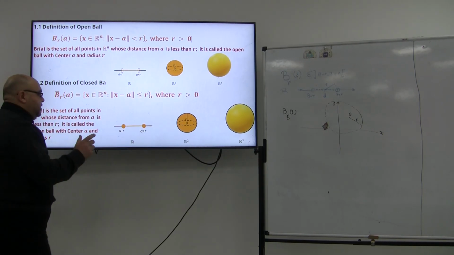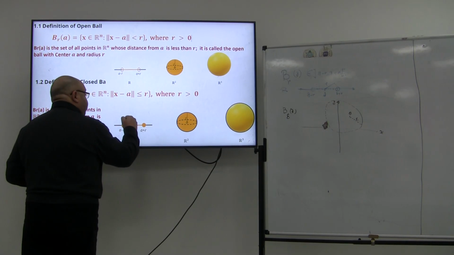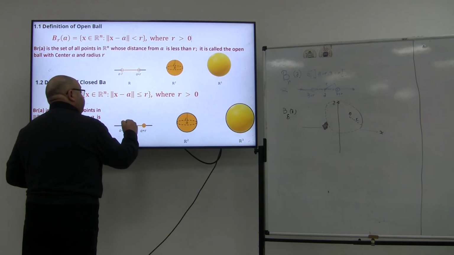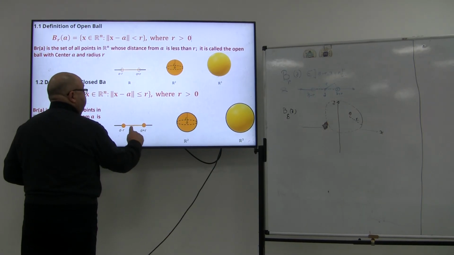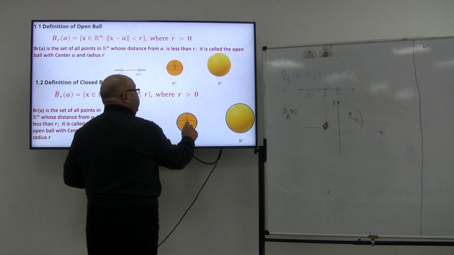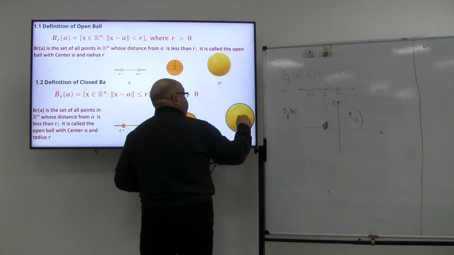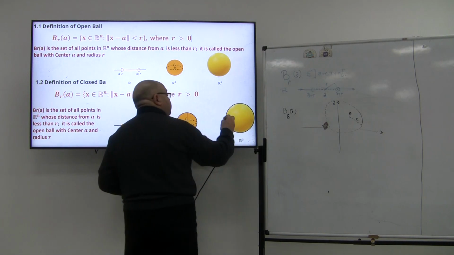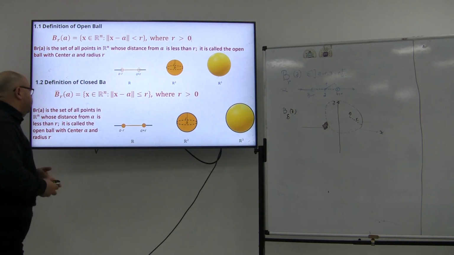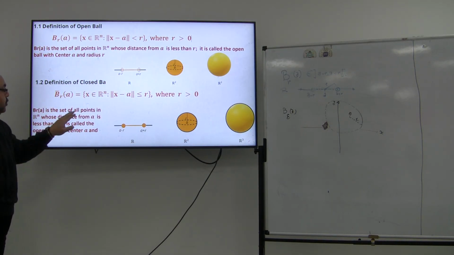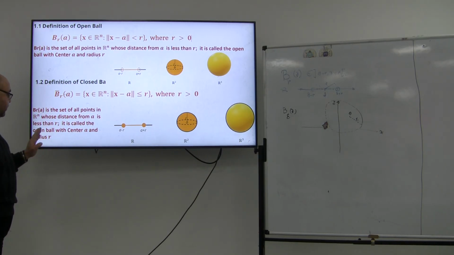It is all the set of the points in the neighborhood of point A, around it, or in the middle of this sphere, point A, whose distance from A is less than R. It's called the open ball, centered at A and radius R.